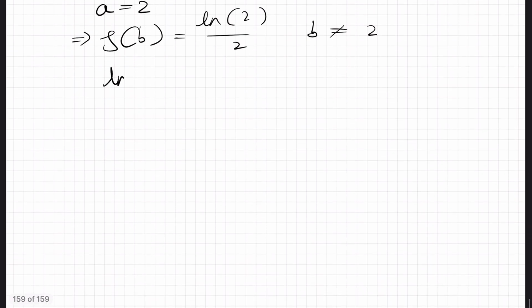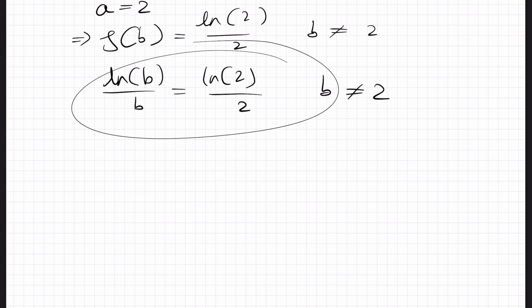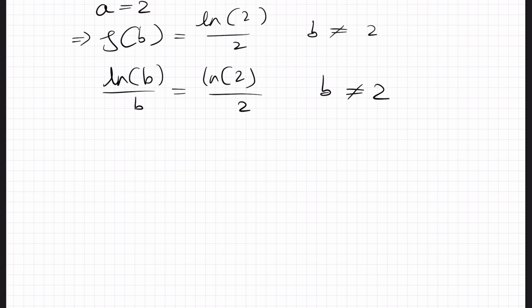So here's the full equation. ln b over b equals ln 2 over 2, with b not being equal to 2. Now, it would be really easy to just put b as 2, but obviously we can't do that because then b would just be equal to a, so we wouldn't have a valid solution. But look what happens to this ln term, right?